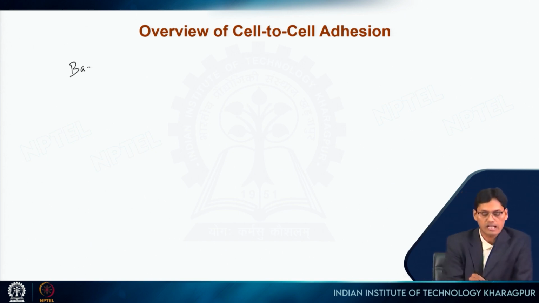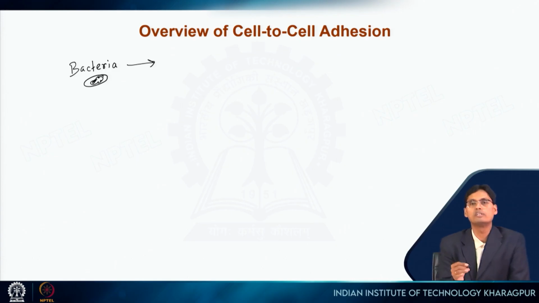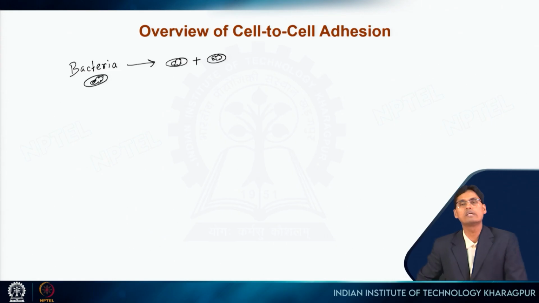If we consider bacteria, whenever the chromosome duplicates, it will give rise to two bacteria after division. And this is the same for unicellular organisms in eukaryotes also. But for eukaryotic systems where organisms are multicellular, for example humans, it's much more complex.